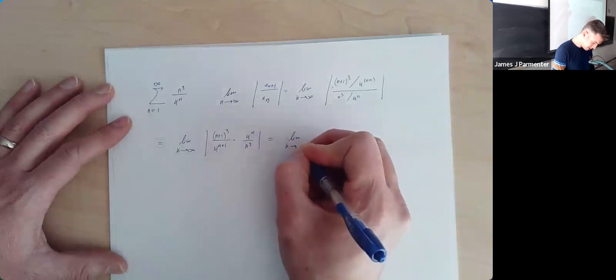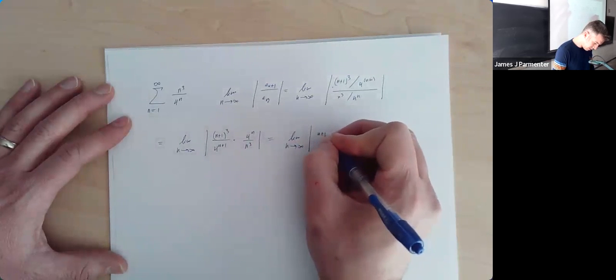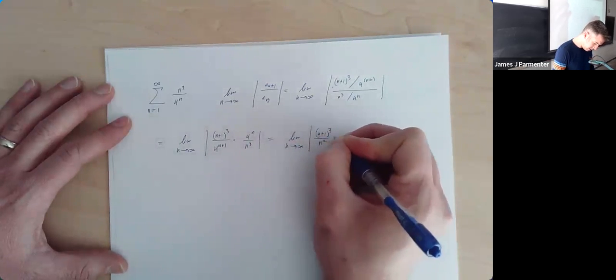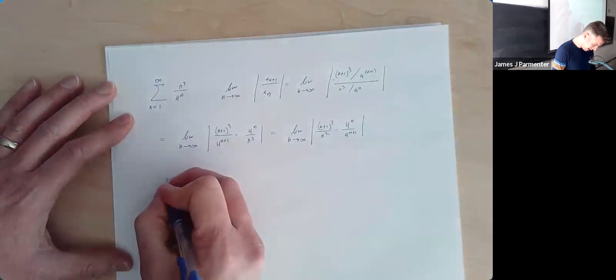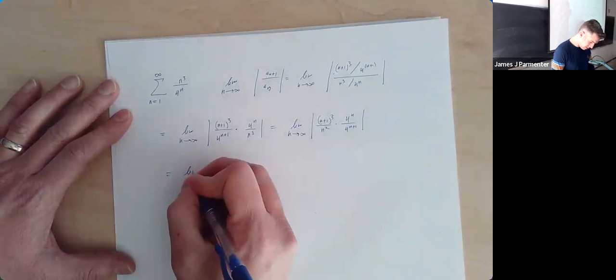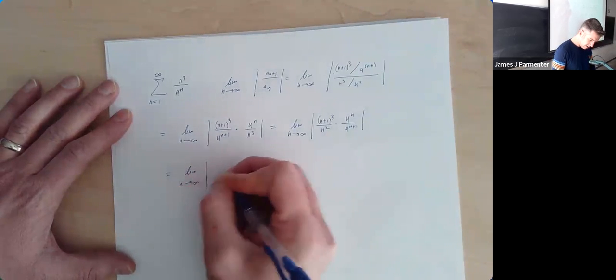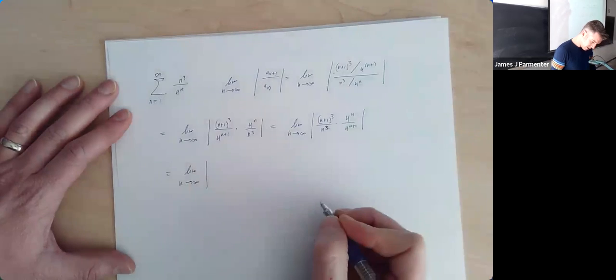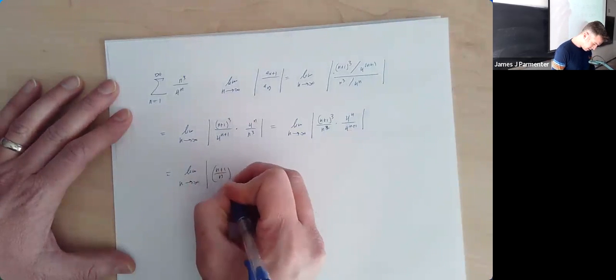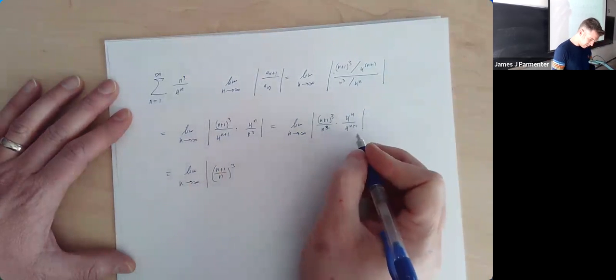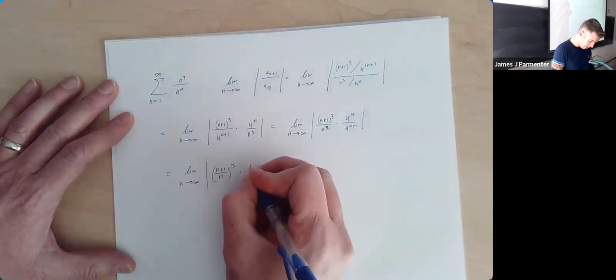This is the limit as n goes to infinity of n plus 1 cubed over n cubed times 4 to the n over 4 to the n plus 1. Then we simplify. n plus 1 cubed over n cubed is n plus 1 over n, cubed. And 4 to the n over 4 to the n plus 1, you can cancel 4 to the n, leaving just 1/4.